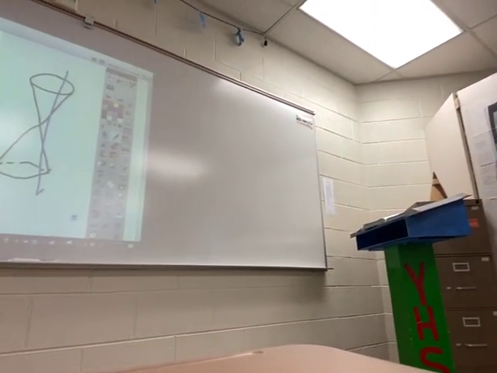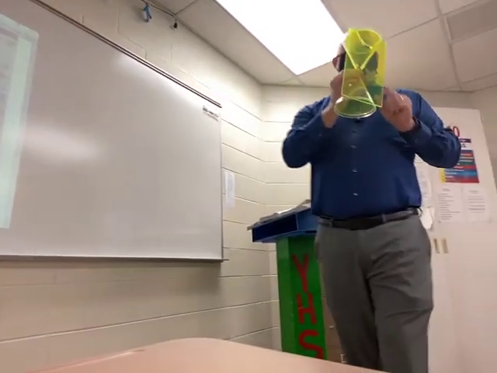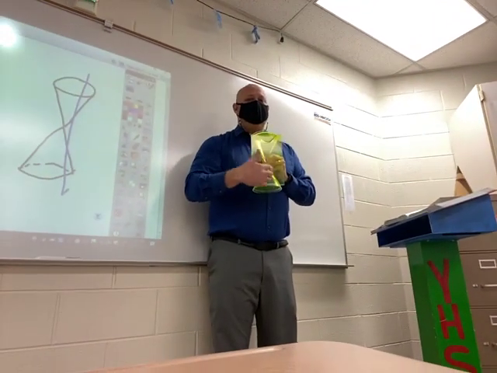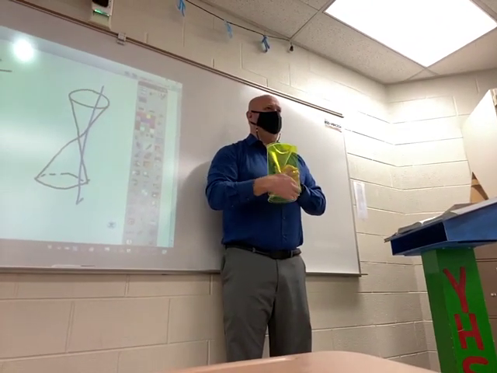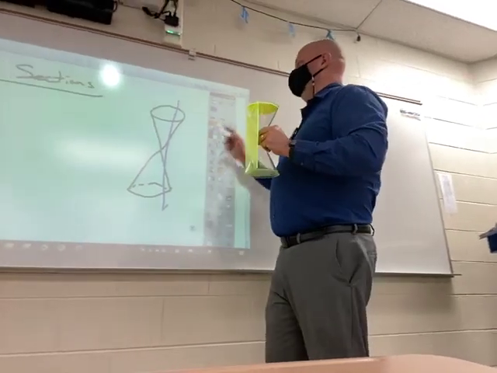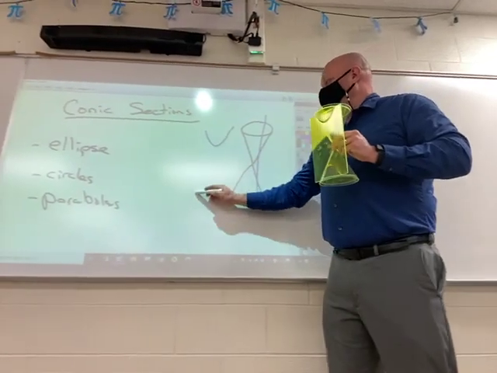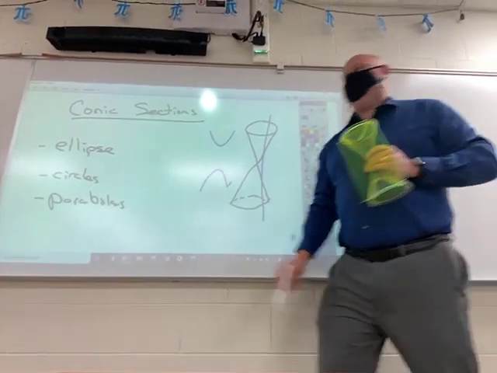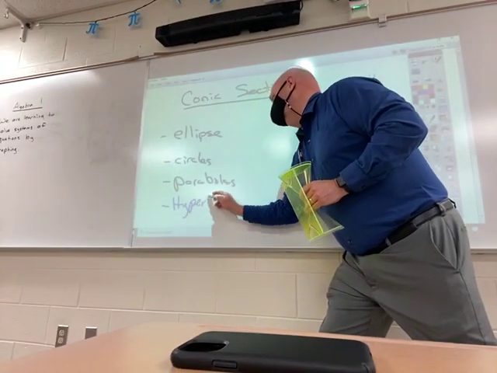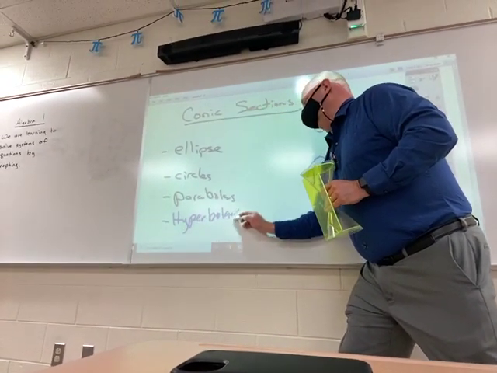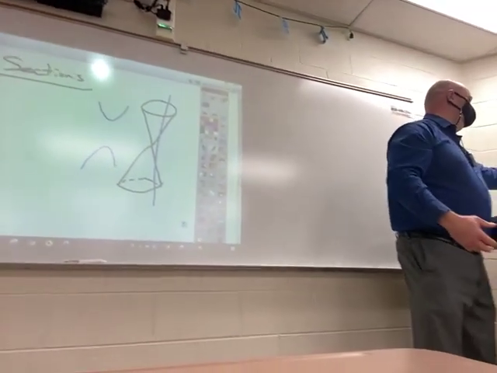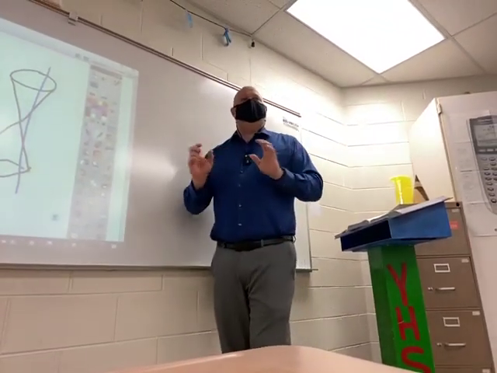So if you take two cones like this and you cut it perfectly square, you get what looks like two opposing parabolas, but they're actually not parabolas. Okay? They kind of look like two opposing parabolas, but we actually call those hyperbolas because they're actually a little bit different. They act different. They work a little bit different. So they're not the same thing. They have slight differences.